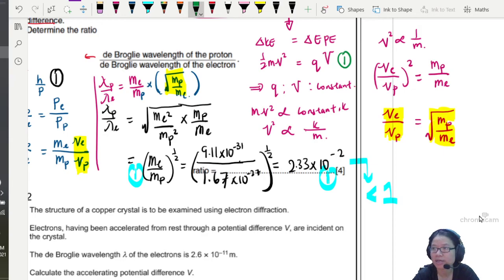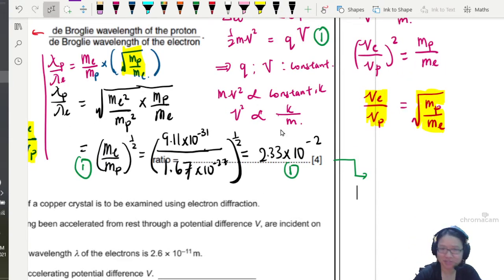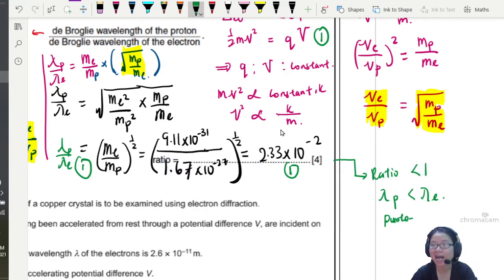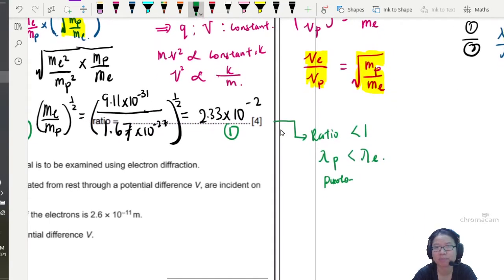If you're wondering why I'm writing highlighter, it's because they don't let me change pen. As previously mentioned, because this ratio is less than 1, lambda proton is less than lambda electron, because this is the ratio of lambda P over lambda E. So this means proton is harder to show the diffraction pattern.